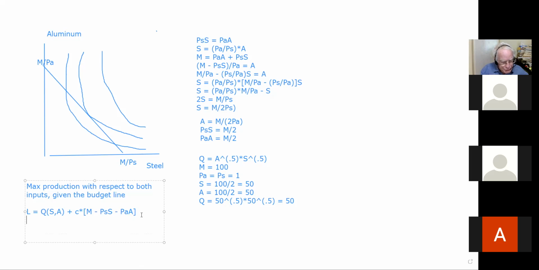And we will differentiate L with respect to S as a first order condition and set that equal to 0. And the same thing for aluminum as well.